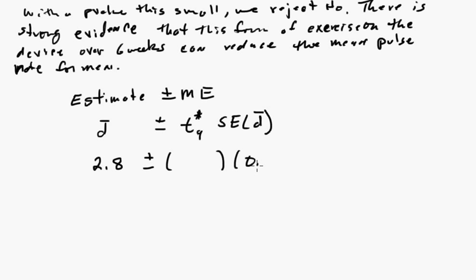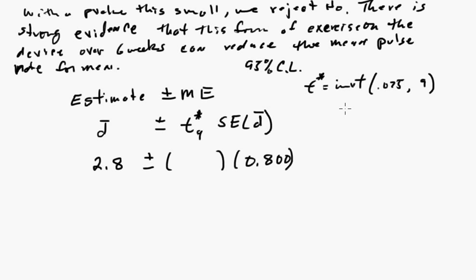That was 0.800. Okay, so to find t star, they didn't tell us, so let's just use a 95% confidence level. So that would be inverse t, and we would do 0.025, and we would go to 9.